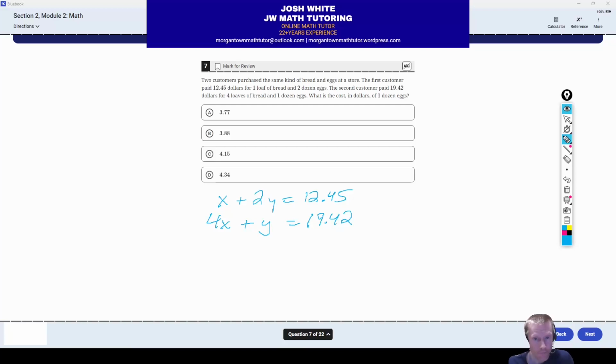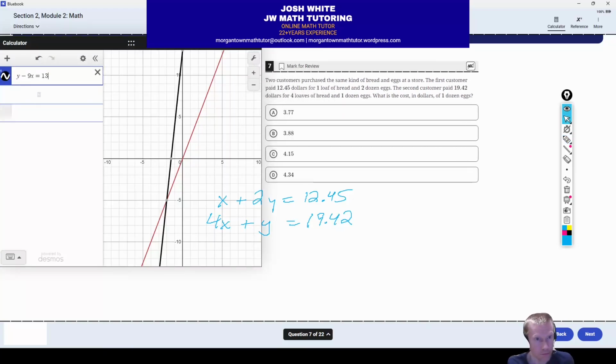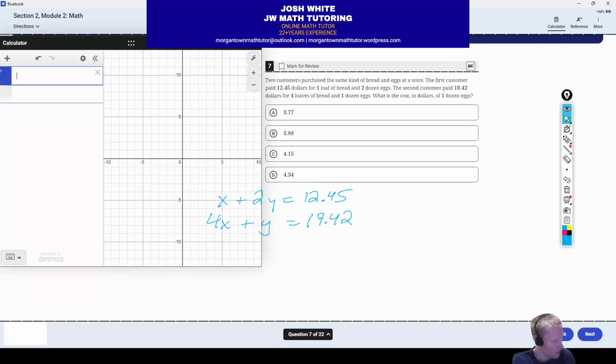Now, the quickest, easiest way is to just go to Desmos and put in the 2 equations, see where they intersect, and get our answer. All right, so there's the first line.